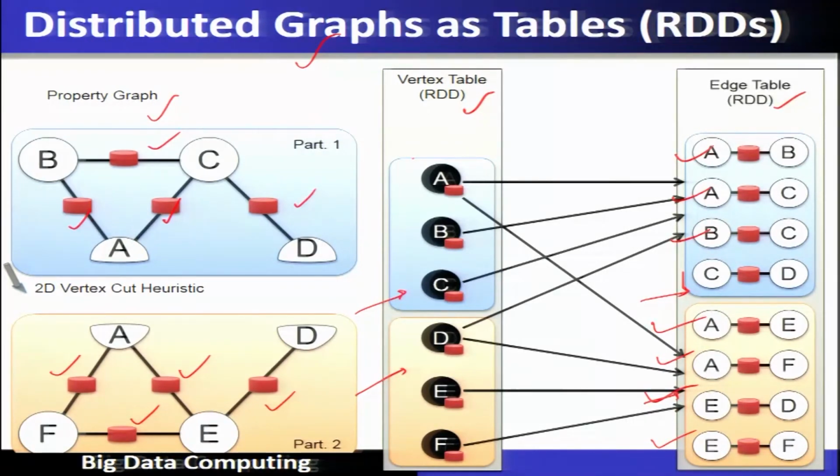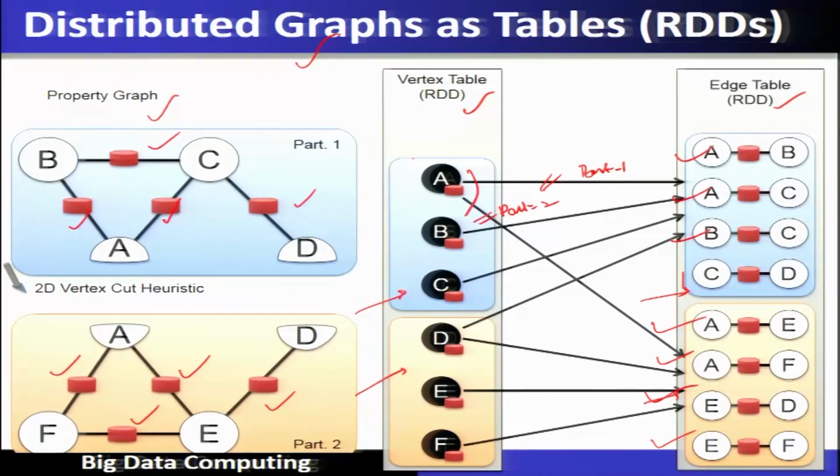For example, A would like to communicate with both the parts, part 1 and part 2, which are stored on 2 different nodes. So, A will communicate with part 1, and the other communication is shown by the arrow to part 2.